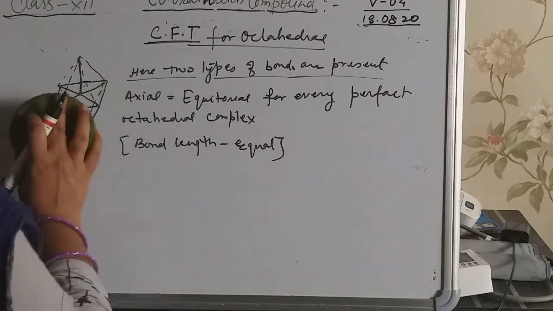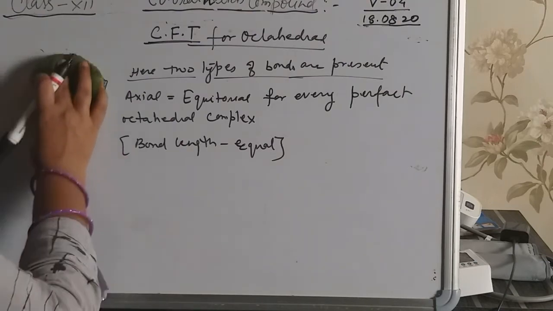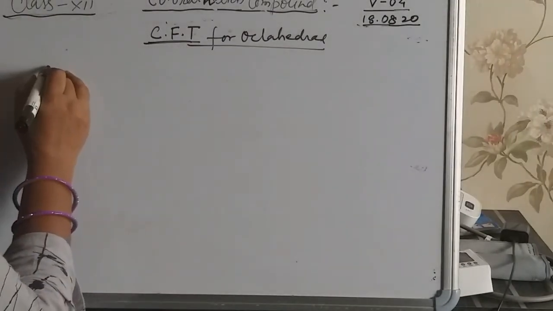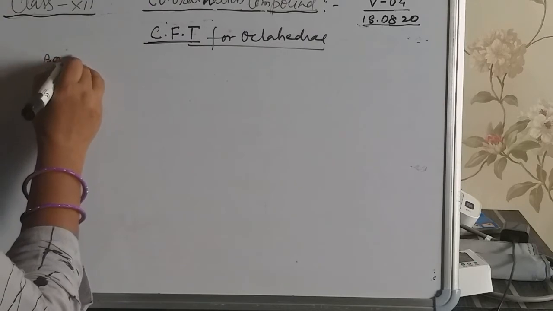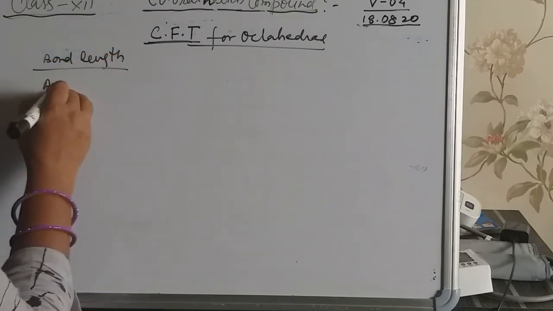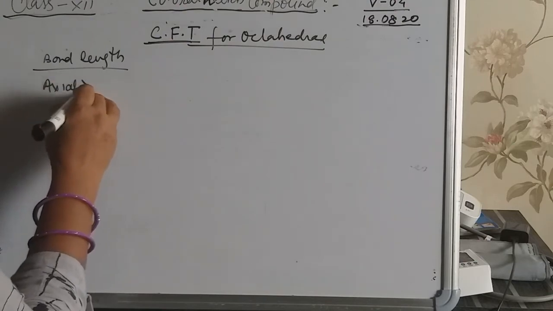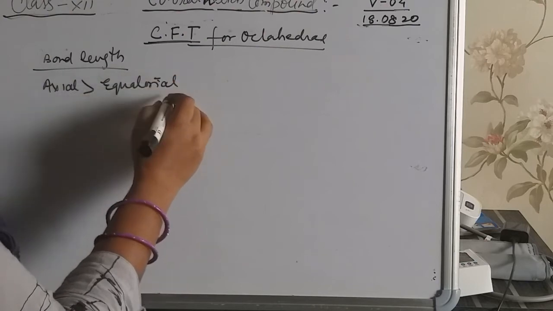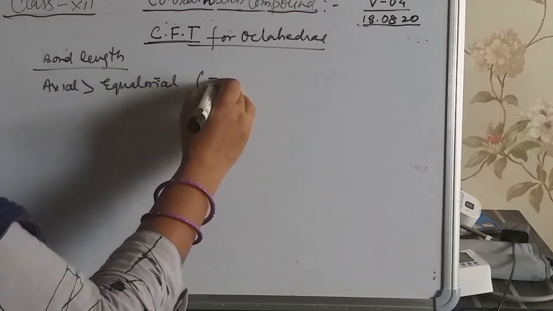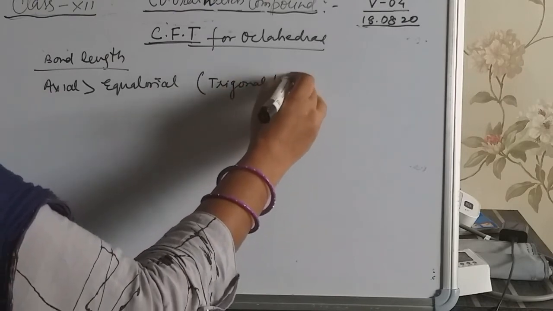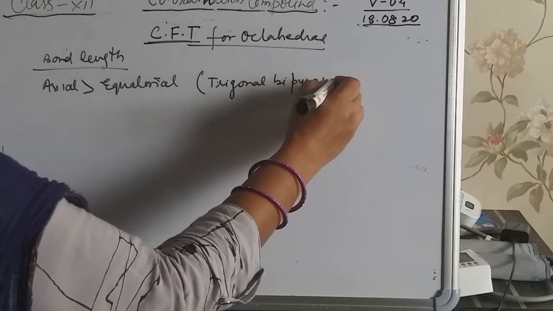Next one is, if we talk about the bond length, if axial bond length is greater than equatorial, the geometry will be trigonal bipyramidal.